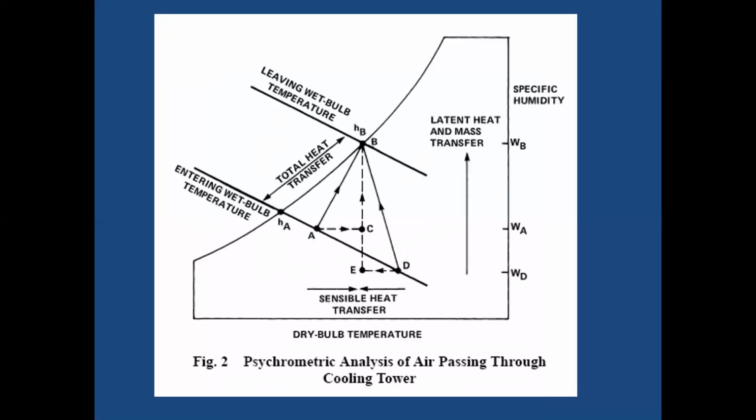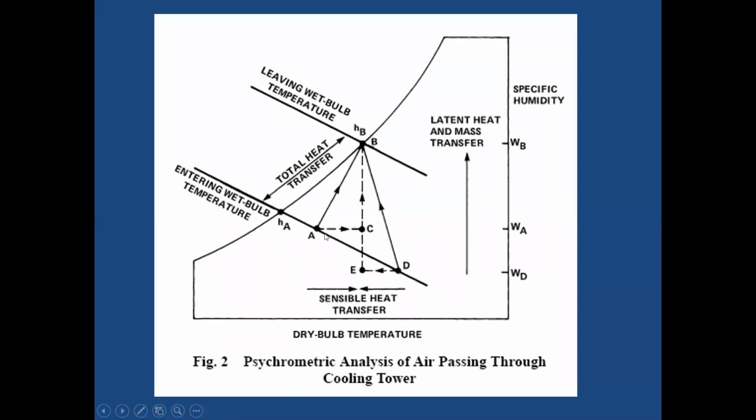Suppose we do a psychrometric analysis when the air is passing through the cooling tower: under which circumstances does the cooling tower perform better, or under which circumstances is the makeup water required less? That we will study in this case. Suppose we are considering two entry points of the cooling tower.